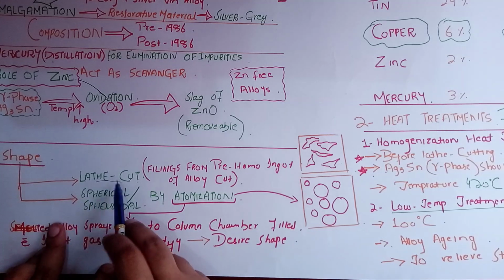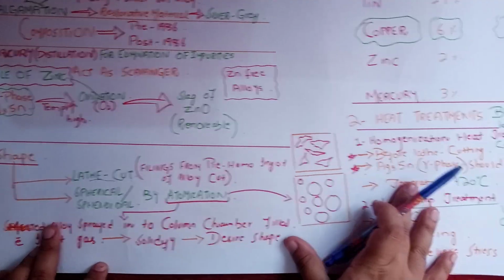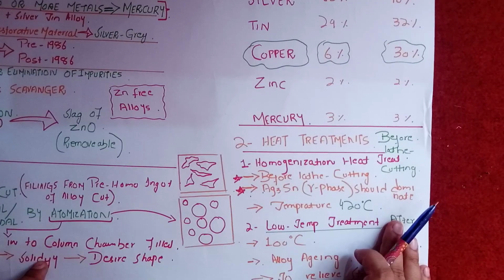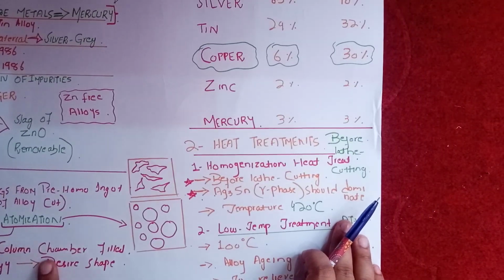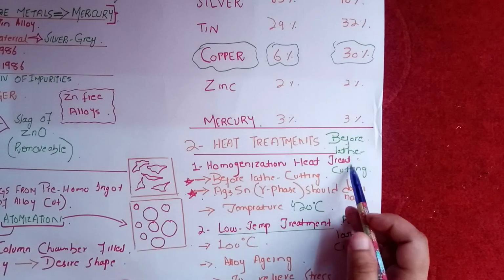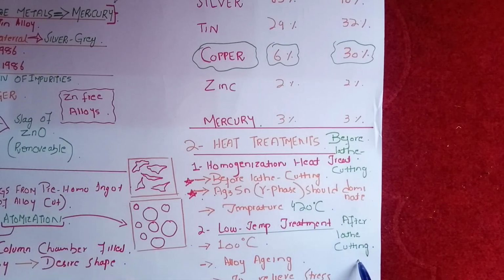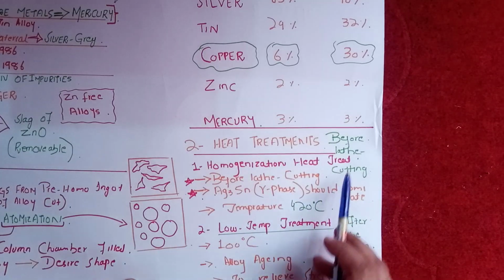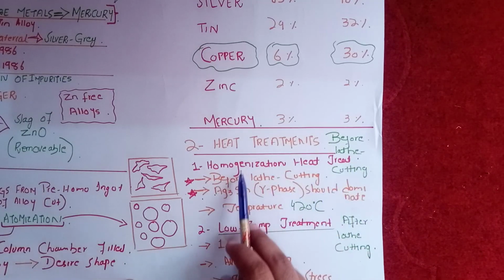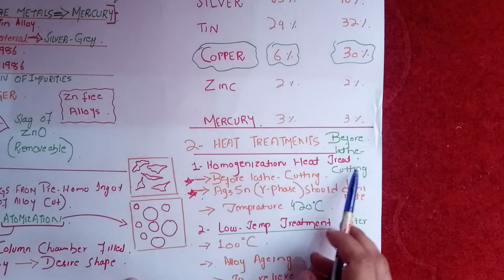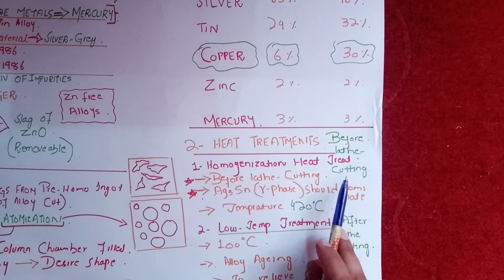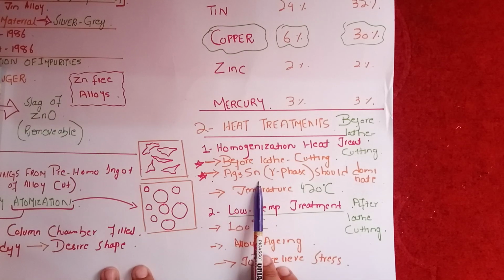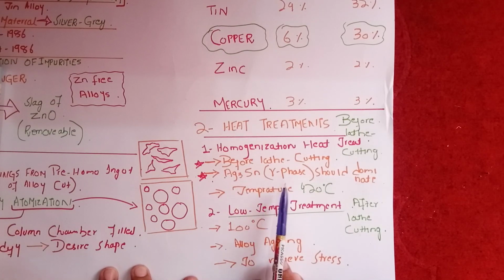Now I will discuss that the lathe cut alloys are subjected to two types of heat treatments in order to obtain good physical properties. The first one is before the lathe cutting and the second one is after the lathe cutting. The heat treatment performed before the lathe cutting is the homogenization heat treatment, in which the silver tin intermetallic compound predominates.